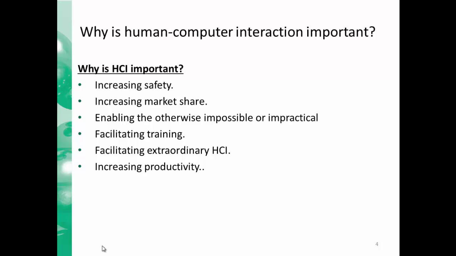So the human-computer interaction principles can be used to build a good user interface that will help these people to use computers. If the system is easy to use, then performing tasks on that system will be easier and faster, and that will improve the productivity of users very much.